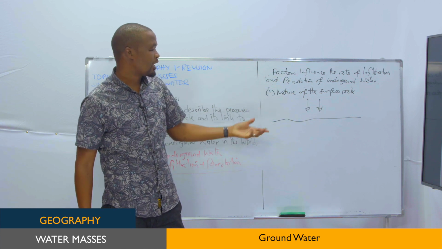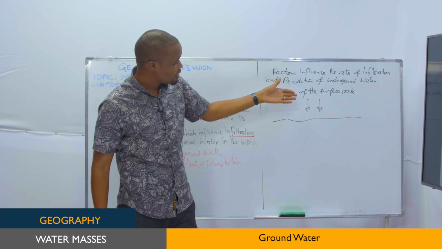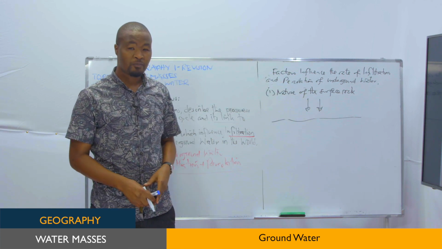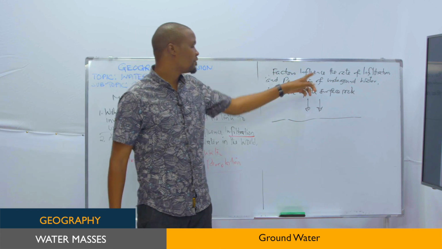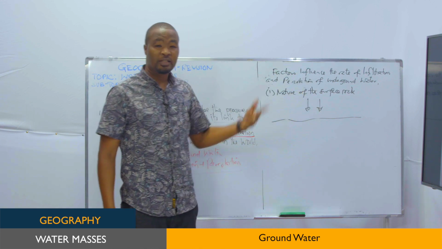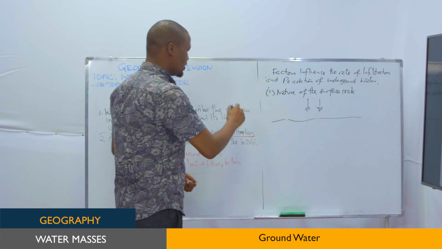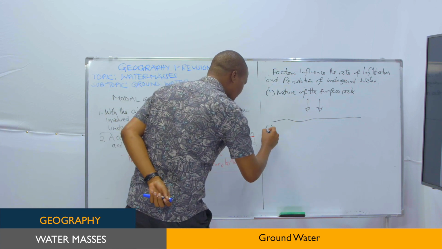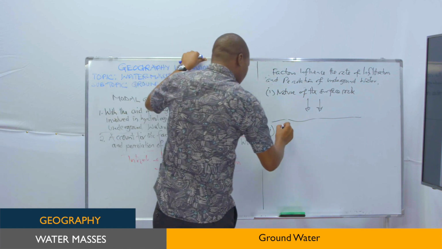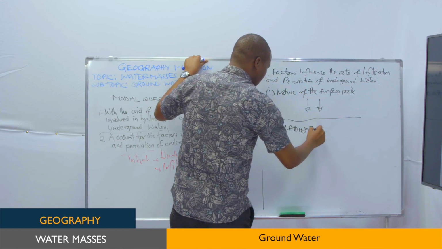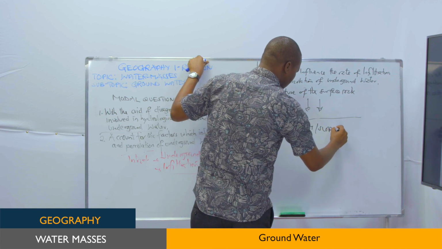Its opposite is that when the surface at the top of the land is made up of soft rock, then we expect a high rate of infiltration and percolation, which will later result in a high amount of water underground. That is the first point. Then we go to the second point, which is gradient or slope.